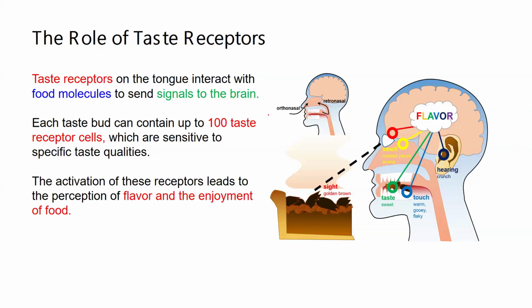So now, the activation of these receptors leads to the perception of flavor and the enjoyment of food. These receptors must be activated by the food substances, and their interaction with the receptors leads to the perception of the flavor as well as the enjoyment that we have in the foods that we are taking.